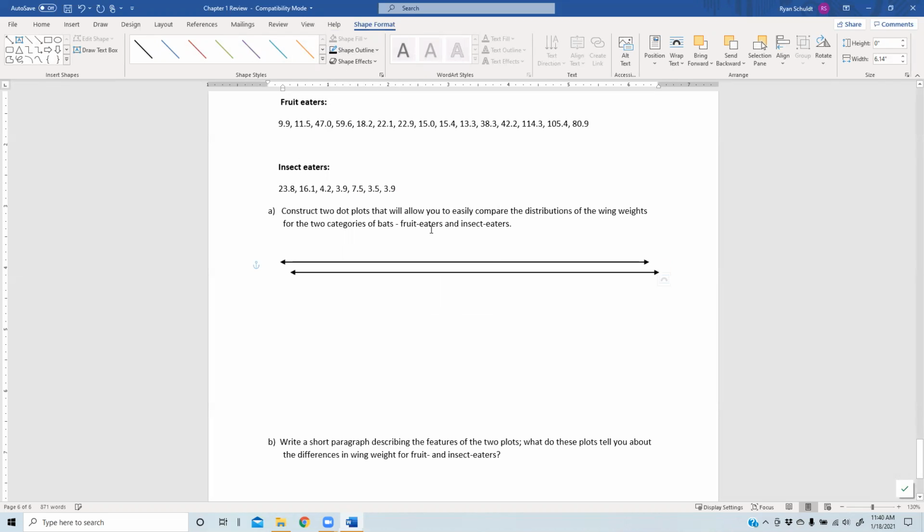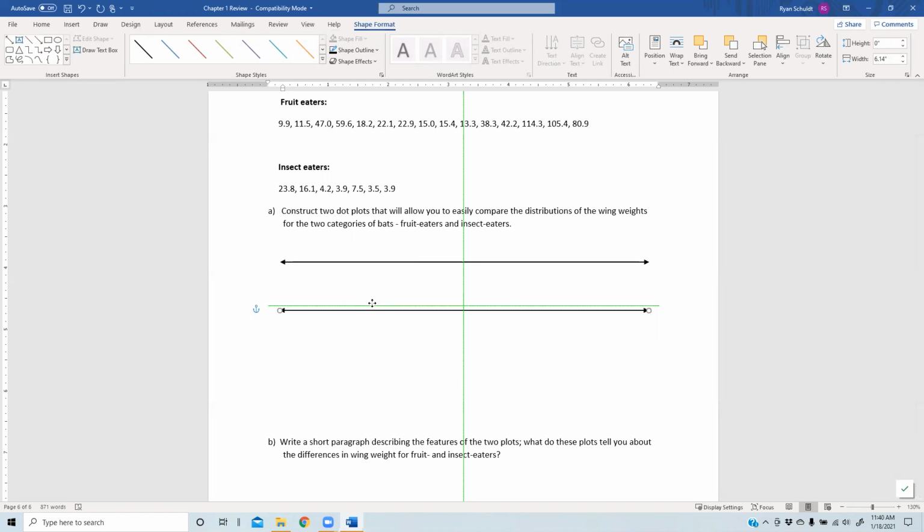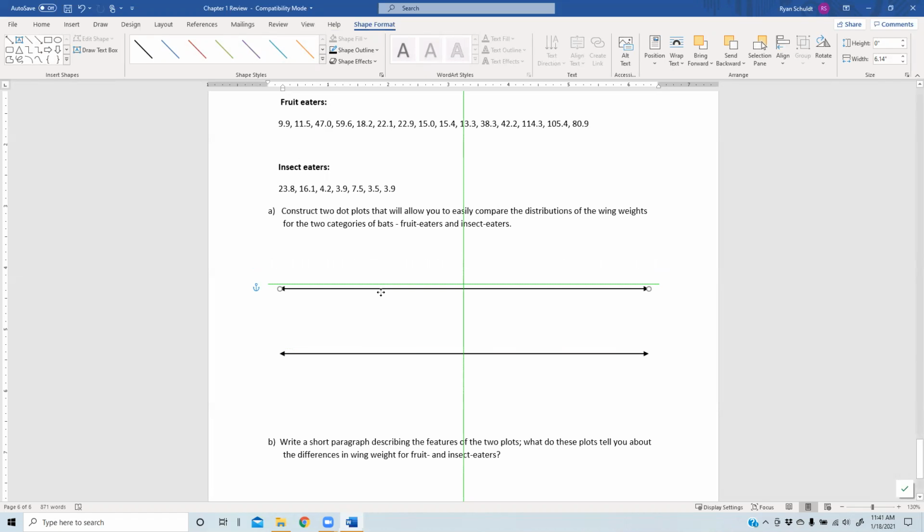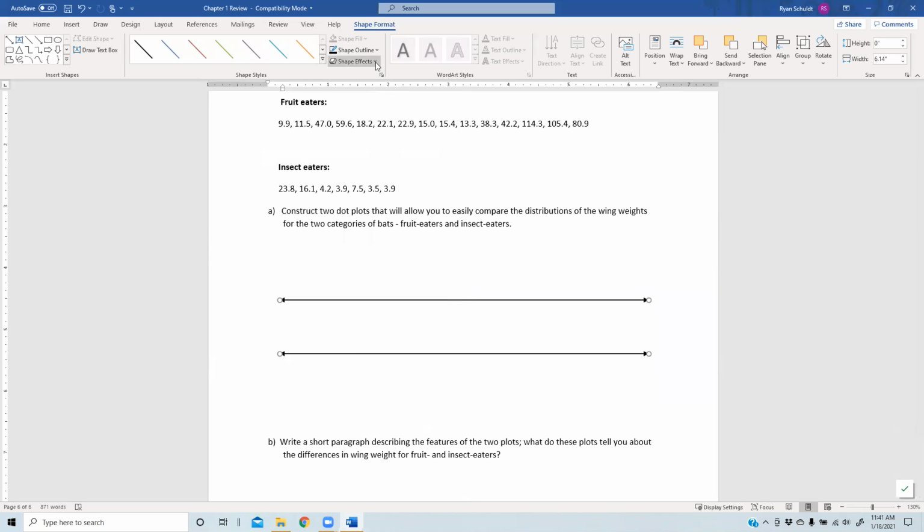And then I need to have the same line actually. I'm going to end up moving them both down. So when you do a comparative dot plot, actually on these, I don't want them with arrows.